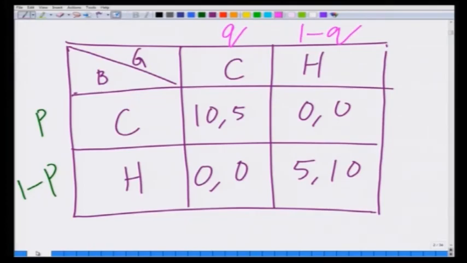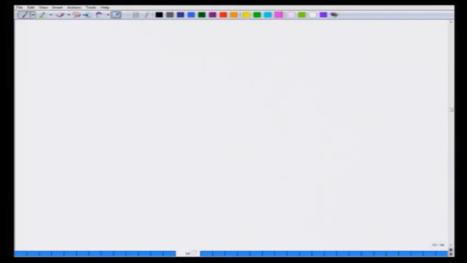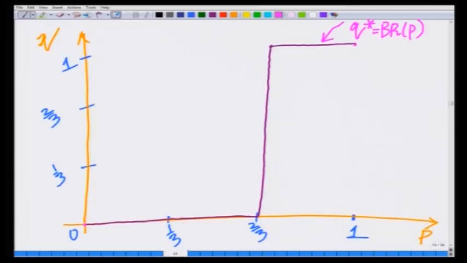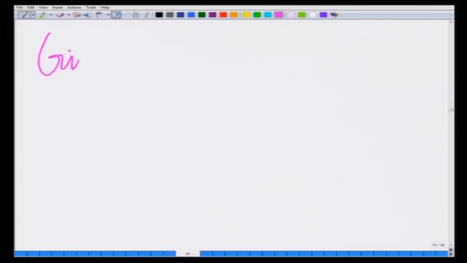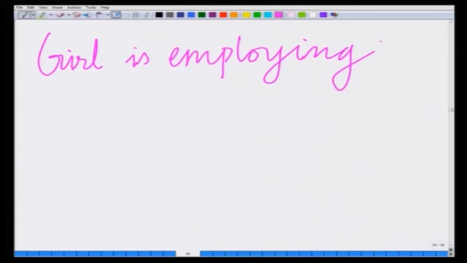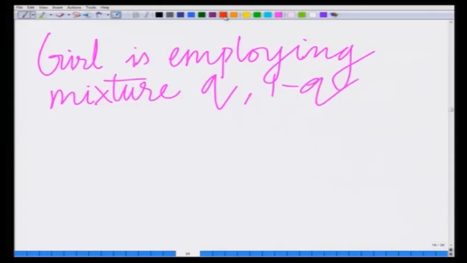Now, the girl is employing the mixture q and 1 minus q.